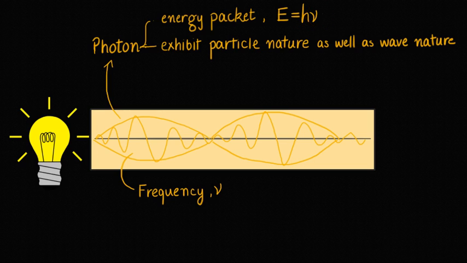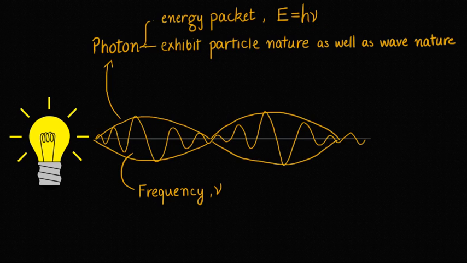So up till now, we have discussed that according to Einstein, the light travels as a discrete photon. This photon is an energy packet which exhibits particle nature as well as wave nature. If this photon has a frequency nu, then the energy of an individual photon is given as h nu.